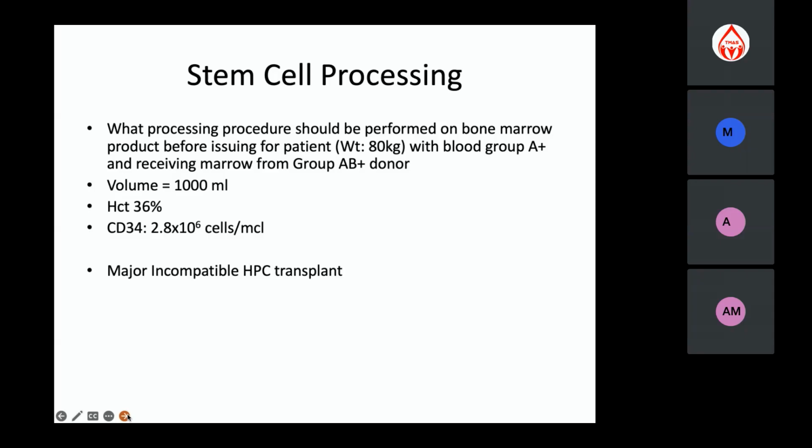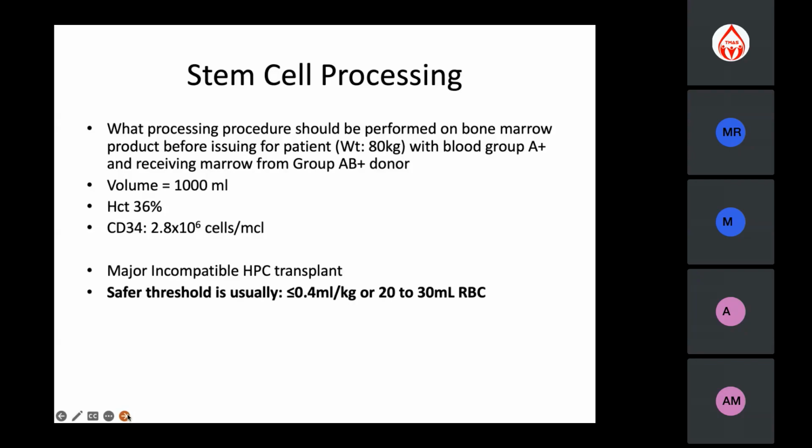So it is a case of major ABO incompatible where the recipient has antibodies against the donor red cells. So we need to estimate the RBC content in the stem cell product. The safer threshold for RBC transfusion along with any product is 0.4 ml per kilogram body weight of the recipient or approximately 20 to 30 ml of RBCs in the product.